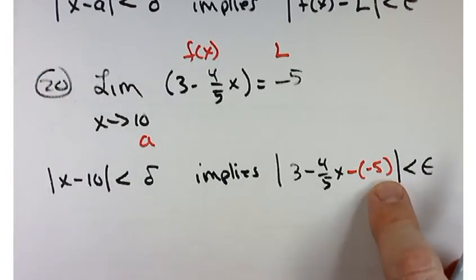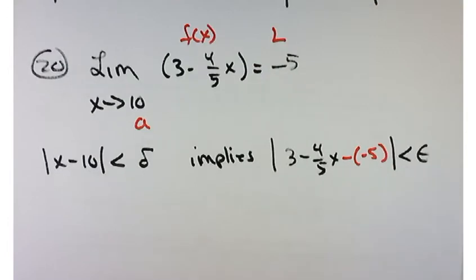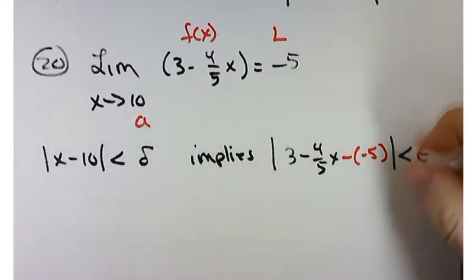So basically, I want to get really close to my limit. I want to guarantee that my input, my x values, give me something within this tolerance, my y values. That's what's going on here.